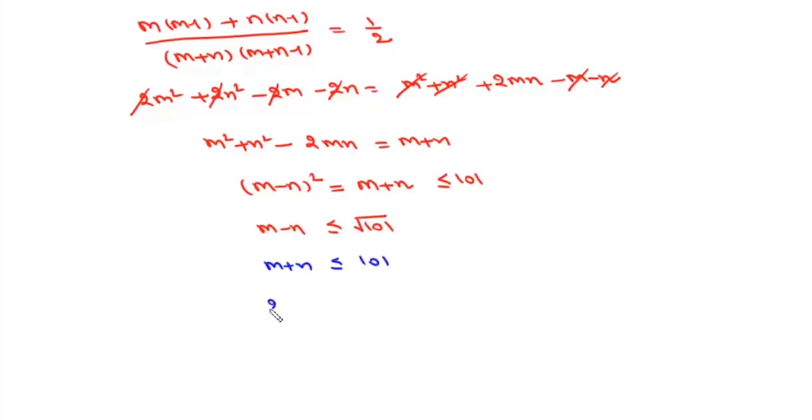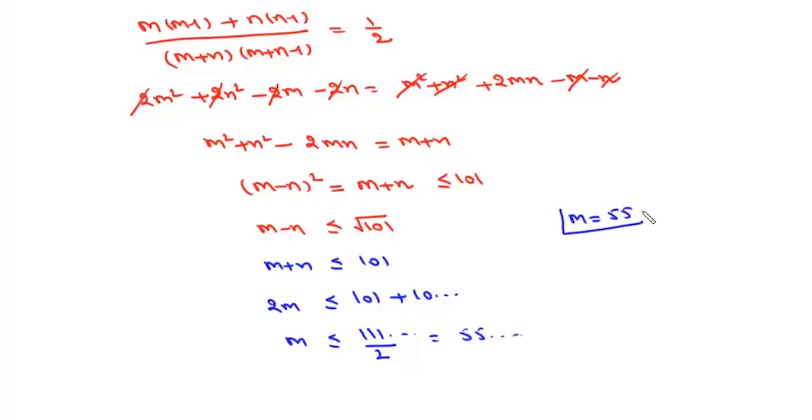So if we add them, we get 2m should be less than or equal to 101 plus, and this is 10 point something, so it will be 111 point something divided by 2. So this m should be less than or equal to 55 point something. So the largest possible value of m is simply 55, and that is the answer to this question.